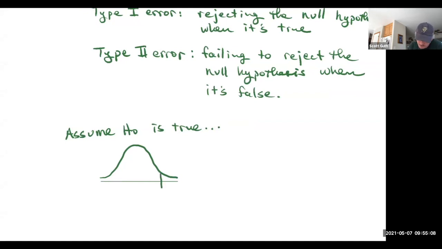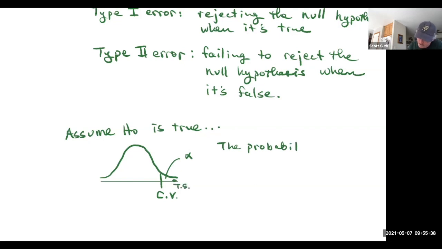You're doing a hypothesis test. You've got a critical value, CV. The area of the tail is alpha. The probability of getting a test statistic that's bigger than the critical value is alpha. I'll just put a little test statistic right here.